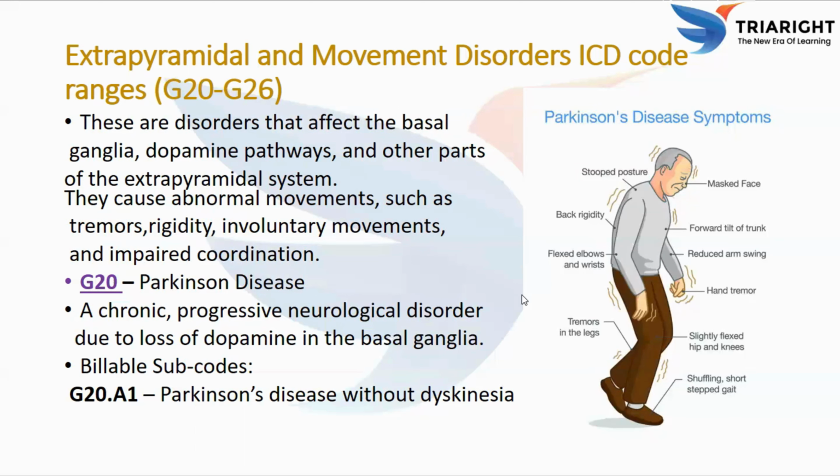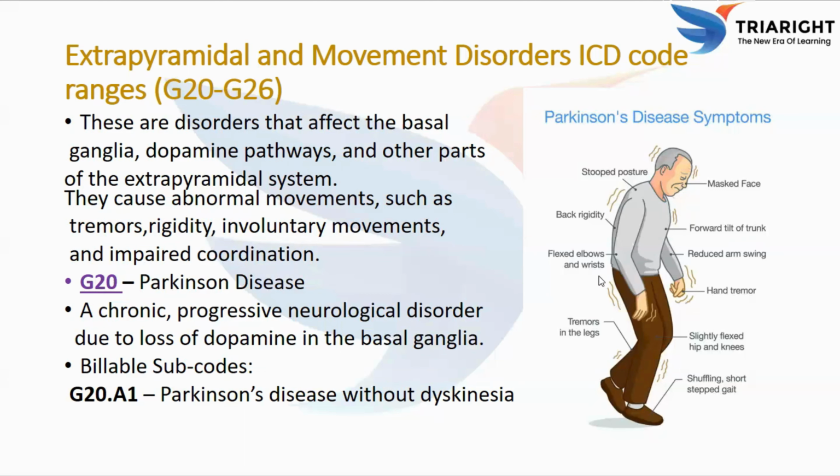In the right side picture, you can see the Parkinson's disease symptoms. You can see here an old man who develops Parkinson's disease symptoms. What are they? A stoop posture. The posture is not good. The masked face, you can see the reduced facial expressions, the forward tilt of the trunk, the rigid back, the flexed elbows and wrists, the reduced arm swing while walking, and the hand tremor.